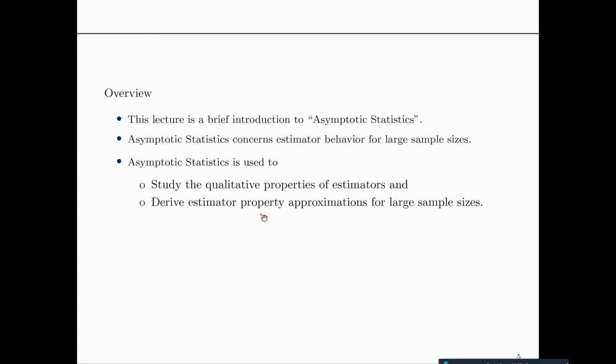Why is this interesting? There are two aspects to this. The first thing is that we can understand the qualitative properties of estimators more, and essentially also introduce some optimality properties of maximum likelihood estimators. Maximum likelihood estimators are, of course, very prominent in data science.